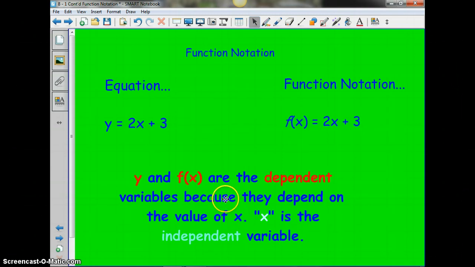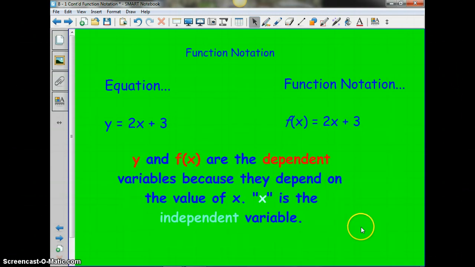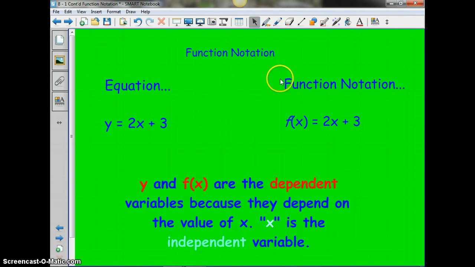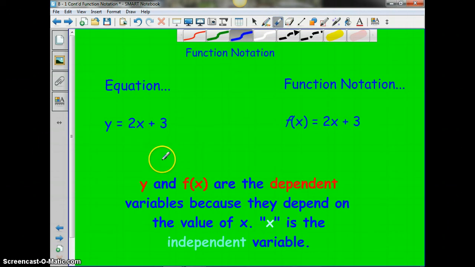Now, one thing you need to know is that y and f of x are the dependent variables because they depend on the value of x. X is the independent variable. X is independent because we can control what we use for x. Y is dependent because, for example, if we plug in 1 for x, we have 2 times 1 plus 3.